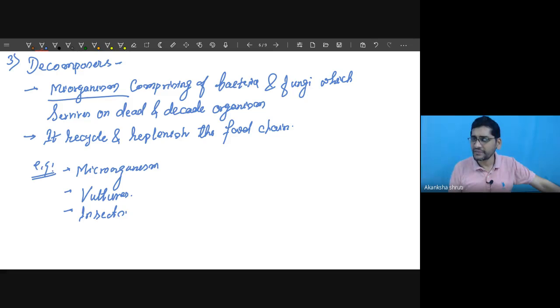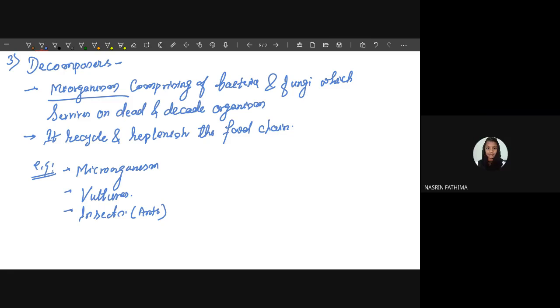Even sometimes ants also act as this. This category in our biology we have learned. What was the name there? This decomposer. Which category? Very good.